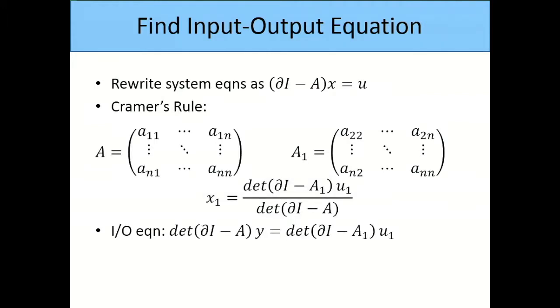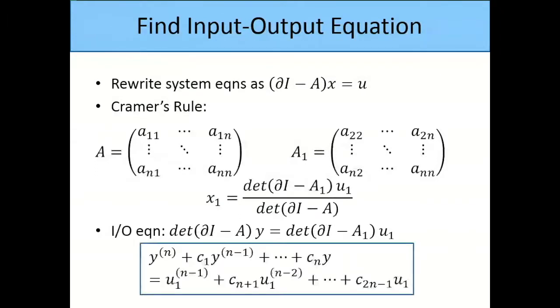So why does this help? We can plug in y equals x1, and then cross multiplying, we get this form of the input-output equation. Notice that in this equation we have our input variables, our output variables, and our parameters, which are the entries of A and A1. This equation has a nice algebraic structure. On the left, we have the characteristic polynomial of A, and on the right, we have the characteristic polynomial of A1.